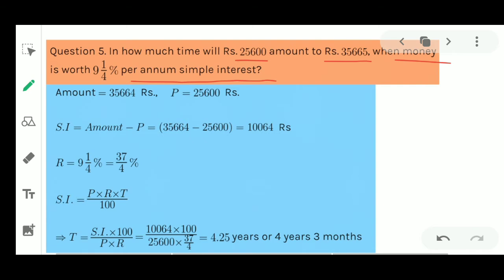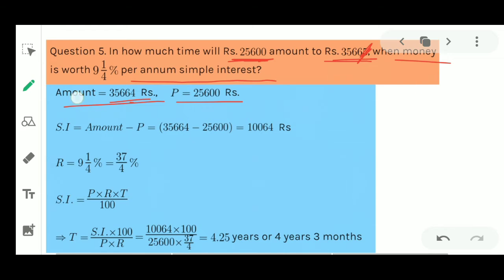So here P is 25,600 rupees, as you can see in the question. So write down P equal to 25,600 and amount equal to 35,664.